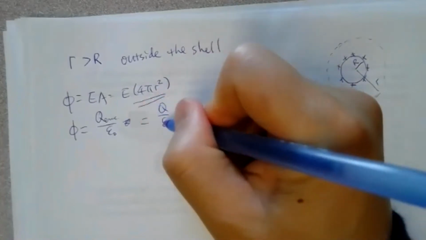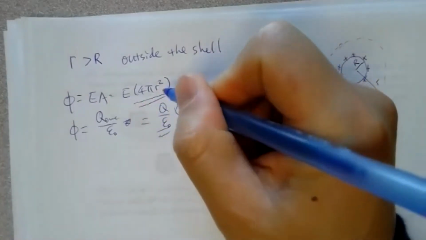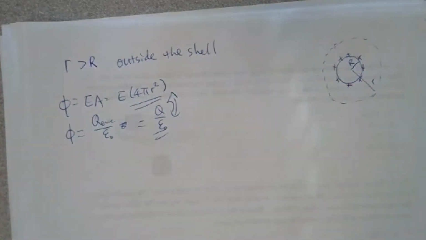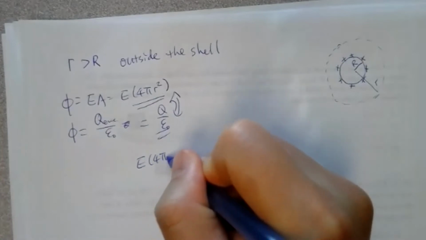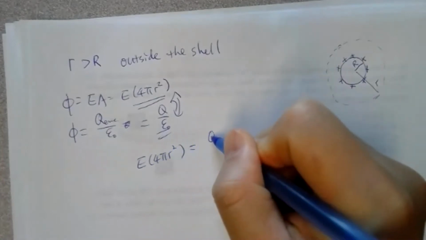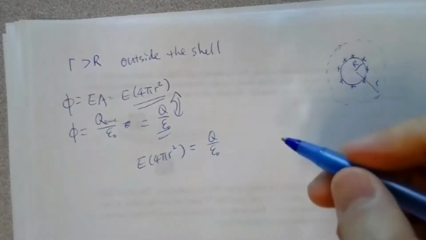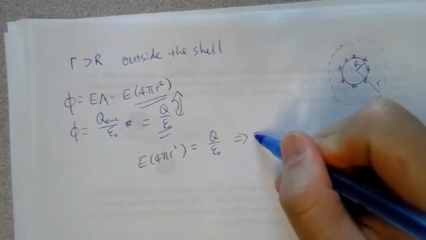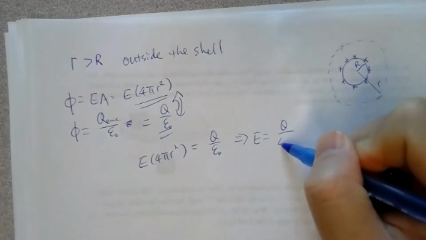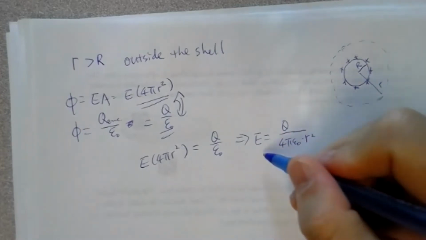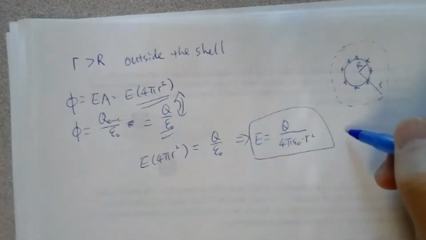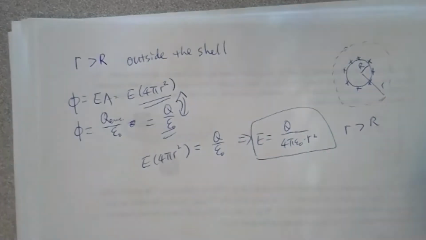These two should be equal to each other, because you calculate the same flux with two different methods. So E times 4 pi r squared equals Q over epsilon naught, and your E field will be equal to Q over 4 pi epsilon naught r squared. This is when you are outside of the shell.